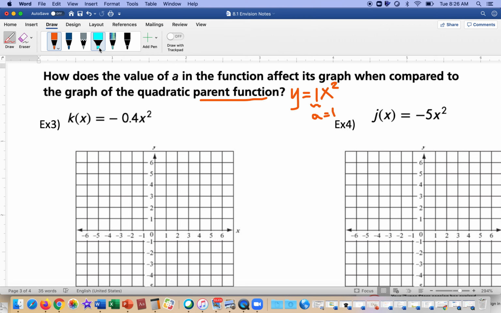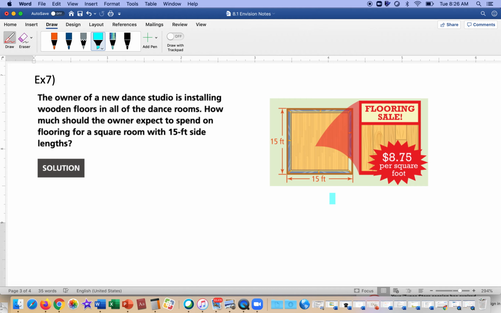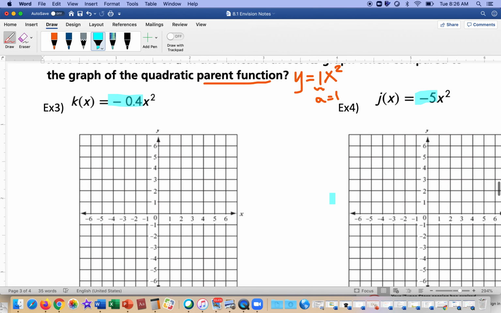When we look at this first one, the a value is -0.4. For the second one, the a value is -5. For the third one, it's 4. For the next one, it's 0.8. Those are all the a values.